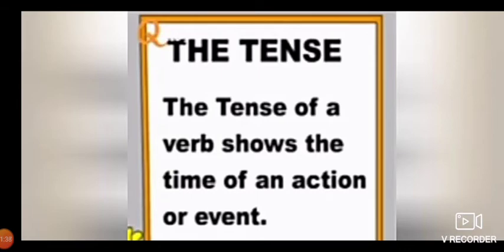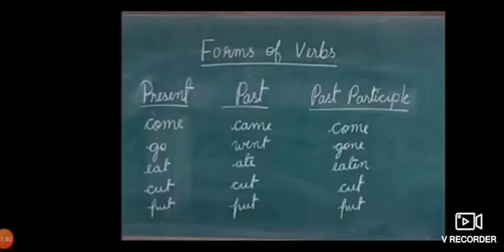Now, since you know about verbs, let me tell you about forms of verbs. Basically, verbs are in three forms: present, past, and past participle.